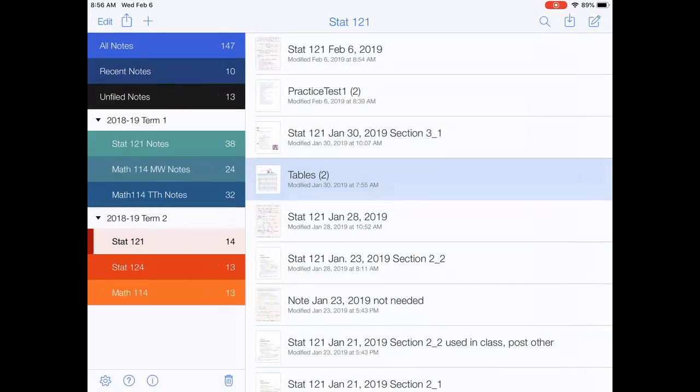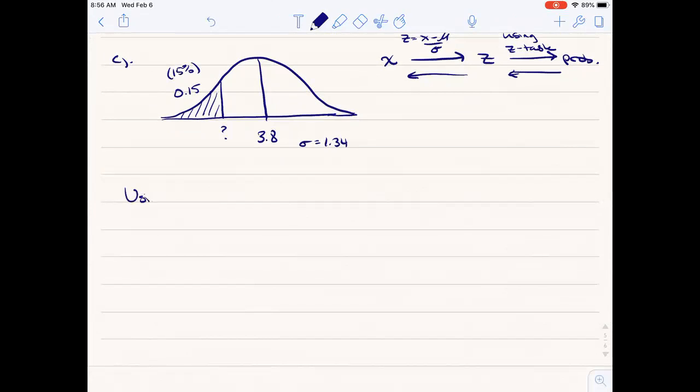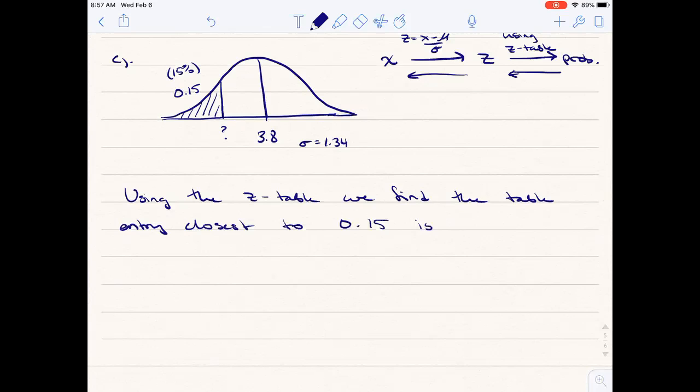So what are we doing here in words, you ask? Again, using the Z table, we find the table entry closest to 0.15, which is 0.1492.